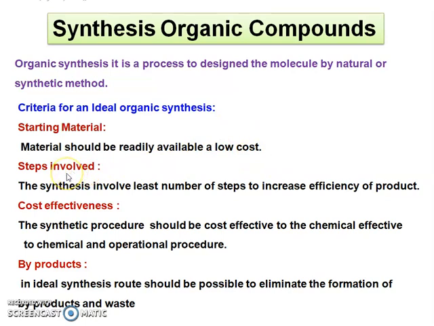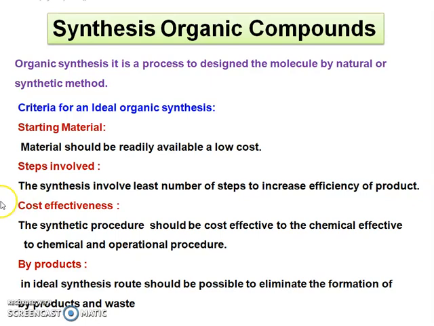Next criterion is the number of steps. You know that an ideal synthesis should have the least number of steps for greater efficiency and greater yield. It should be noted that the overall yield of the process is the multiplicative product of the yields of individual steps.